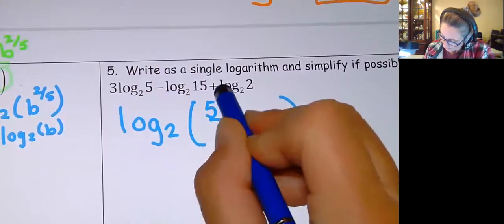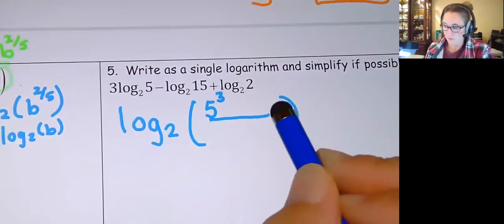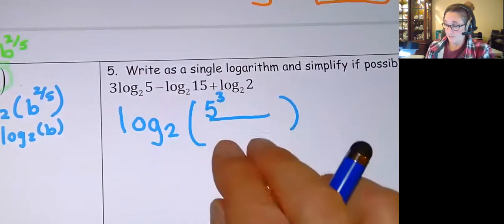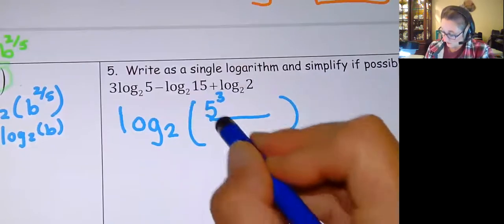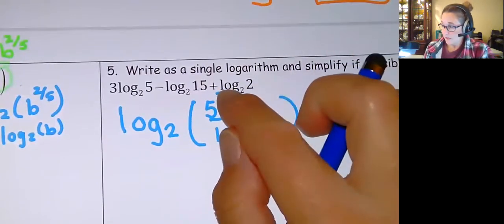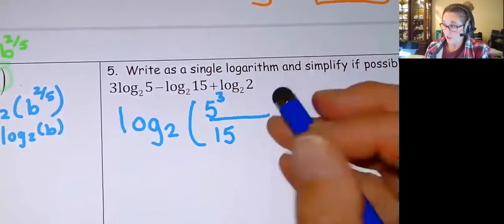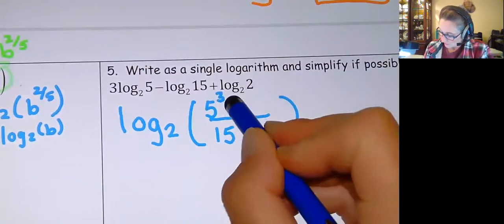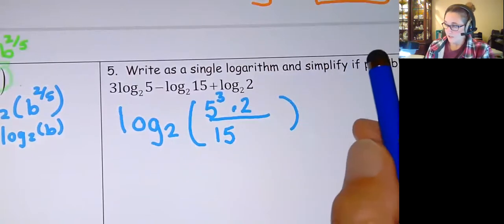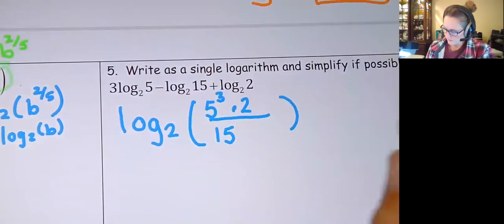So I have 5 to the third, which is 125, but I'll just leave it as 5 to the third right now. This minus means that I'm dividing, so this 15 is going to be on the bottom. And then this plus means that this is going to be on top, multiplying on top. So I'm going to have times 2.